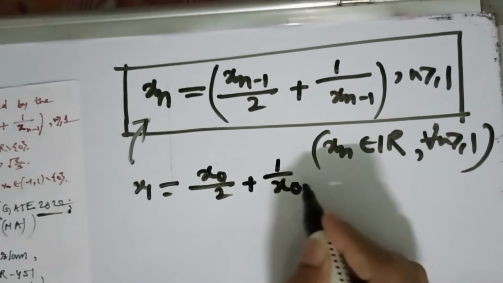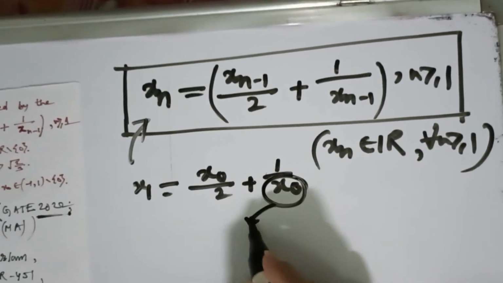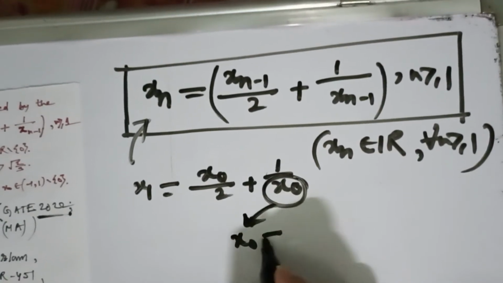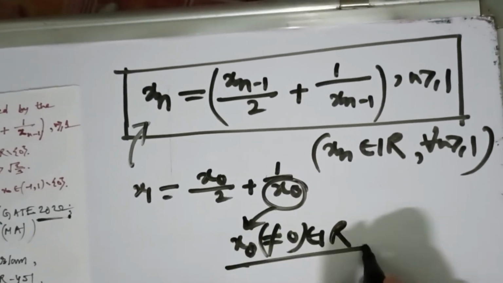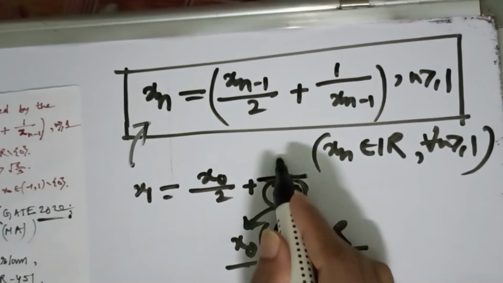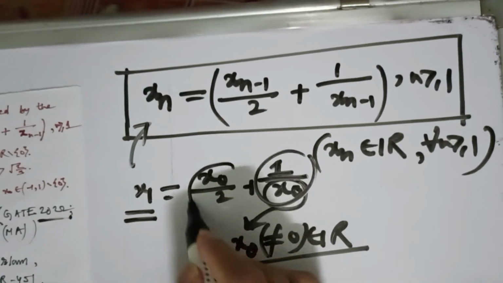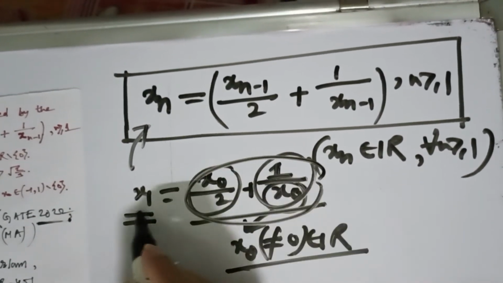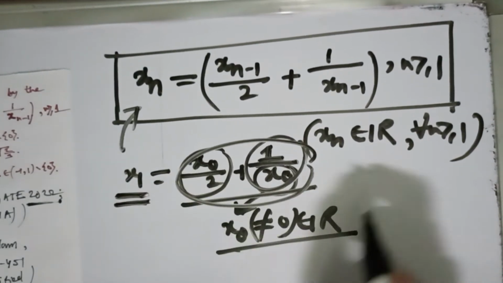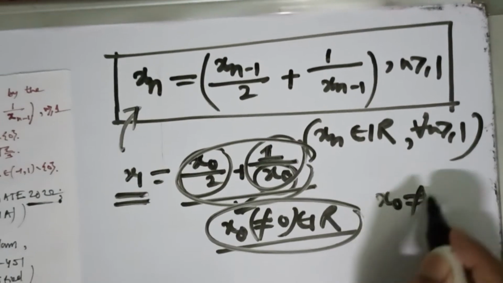From this it is clear that x0 is never 0, it is a non-zero real number, because if it is 0, then 1 upon 0 is infinity, which is undefined. One side is a real number and the other side is infinity, which is not possible. So x0 is never 0.